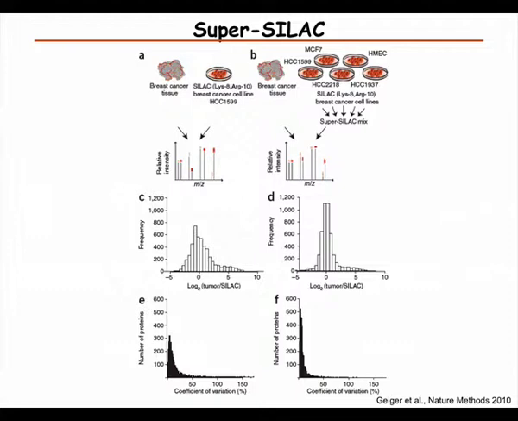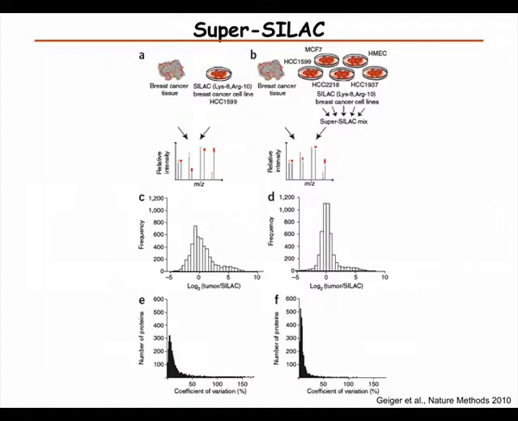Yeah, so in this case you can't heavy label the tumor, but you can heavy label your cell lines. If you want to study breast cancer, you can heavy label many different cell lines and mix them together, and then mix that in with your tumor as a control.